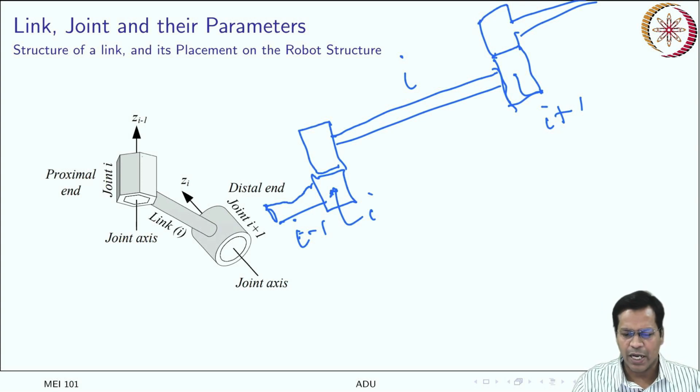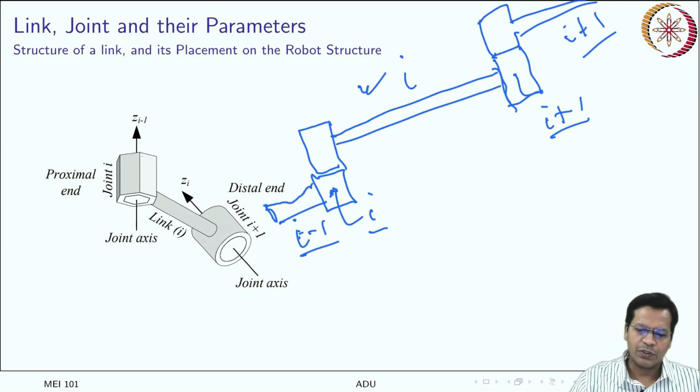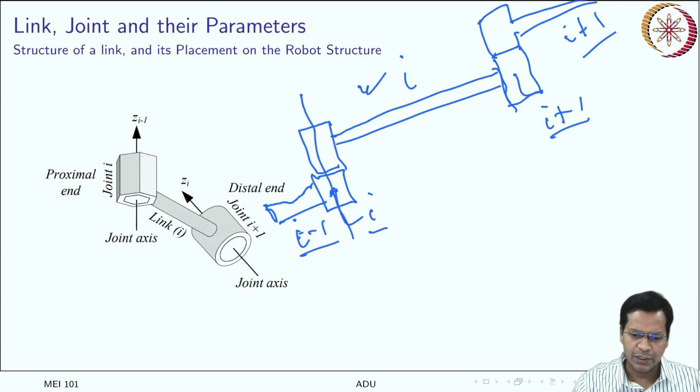It starts with the i minus 1 link, the i minus 1 link ends with the ith joint. On the ith joint, the ith link is placed, and the ith link ends with the i plus 1th joint on which the i plus 1th link is fitted. These are the joints.